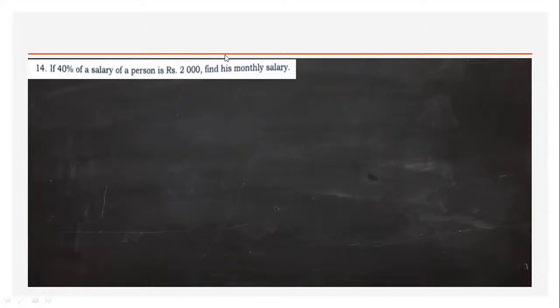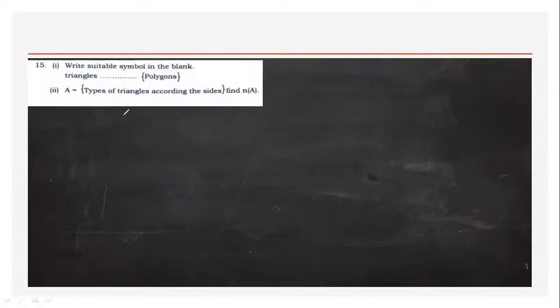Question number 15. Write the suitable symbol in the blank. So triangle, elements of polygons. So we can write like this. Types of triangles according to the sides. Find n(A). There are 3 types of triangles according to the sides. Then what are they?